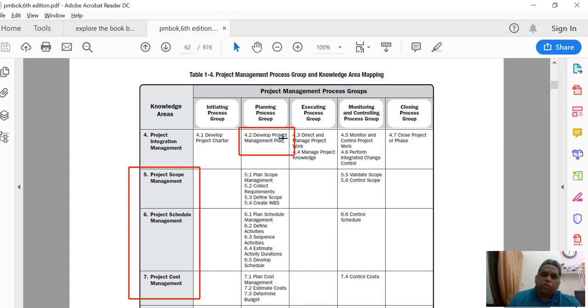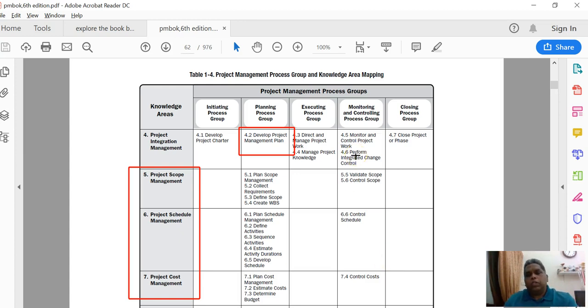So you bring them all together and integrate them as one single comprehensive document called the project management plan. That's the reason why we have the integration management knowledge area, which helps us integrate the different aspects of work that we do across the project.